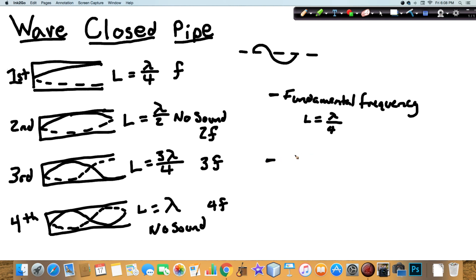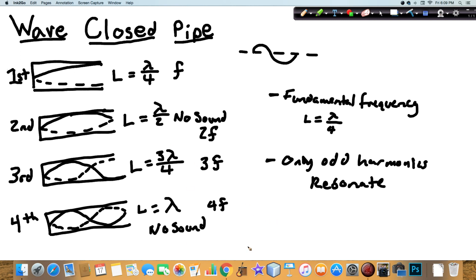Another thing to notice: only odd harmonics resonate. And this is only true for closed pipes. So only the odd harmonics are going to resonate. The first, the third, the fifth, the seventh, the ninth, the 11th, only those harmonics are going to actually create a resonating sound.